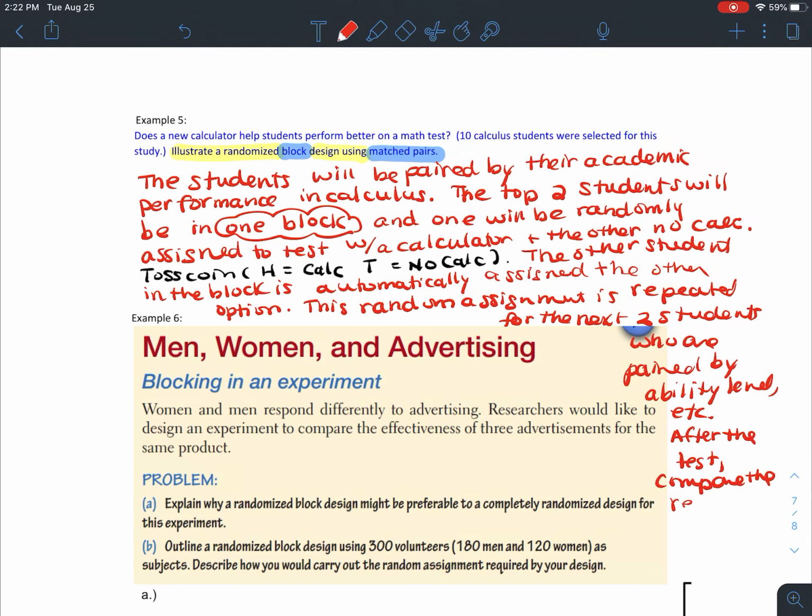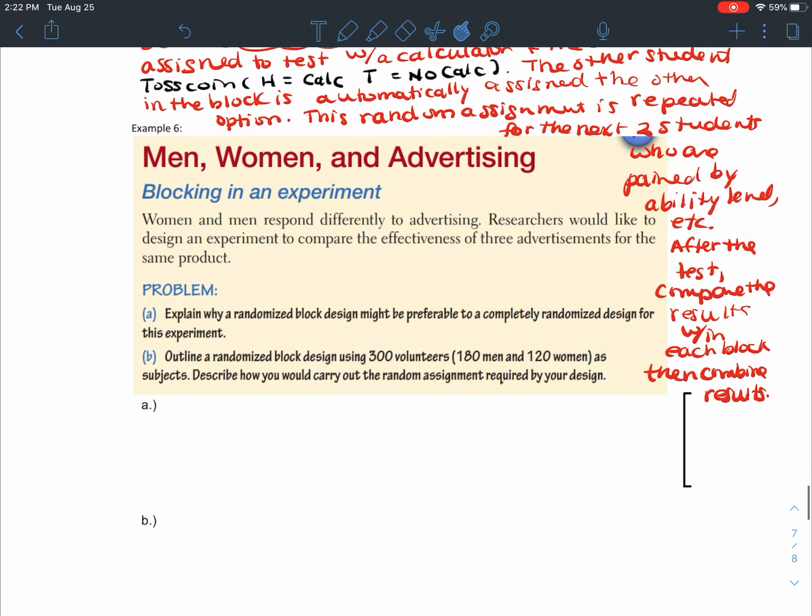And then we're just going to say after the test, we want to compare the results within each block, then combine the results, meaning there'll be 5 blocks and then we'll combine all 5 blocks together, okay?